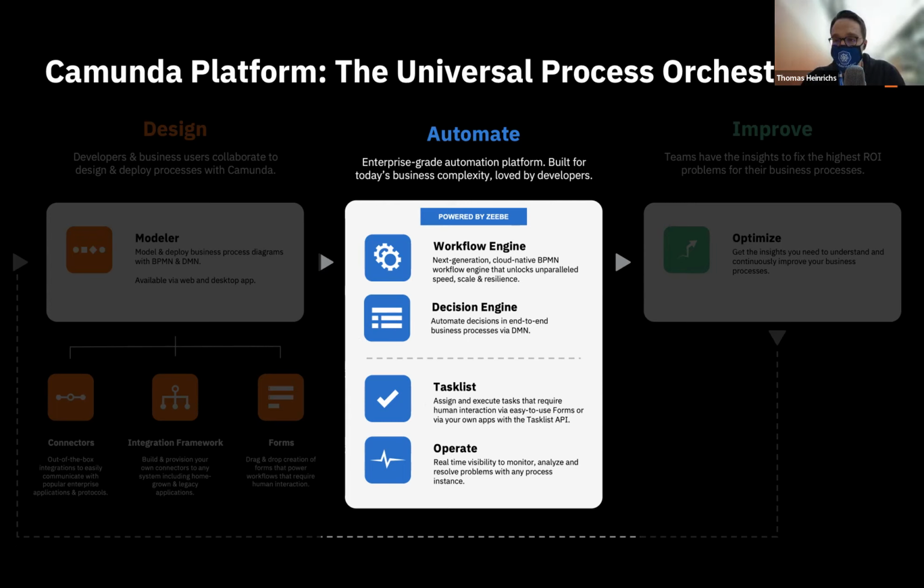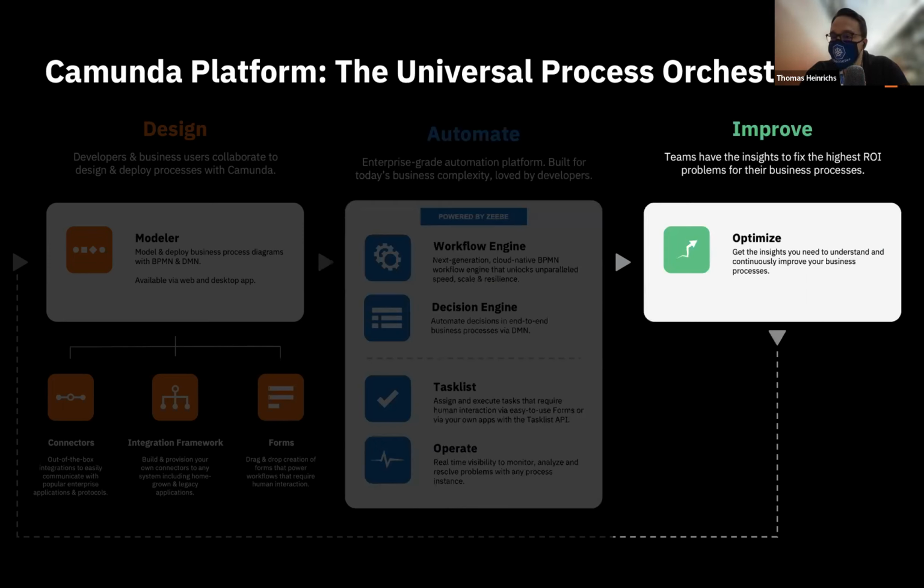Whereas Operate is kind of the counterpart to what Cockpit is. It's a tool for real-time visibility, which helps you monitor the processes you have deployed there. So whenever there's some kind of process operator, they make sure that the life cycle of the process instances is actually up and running.